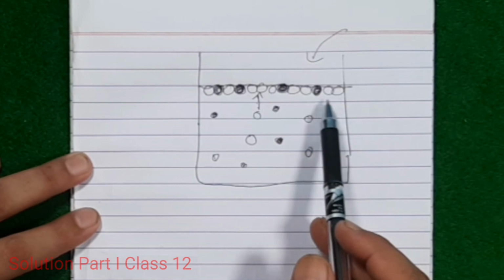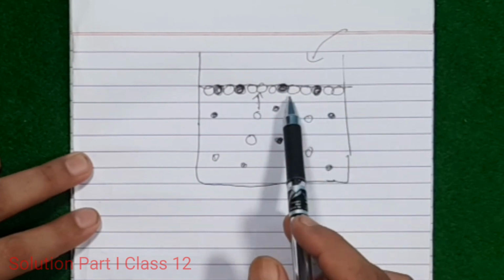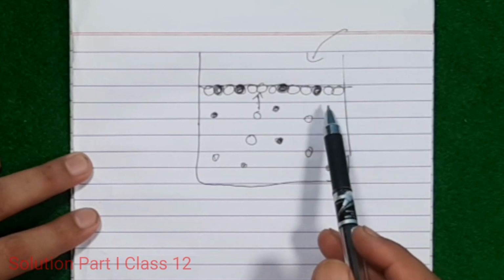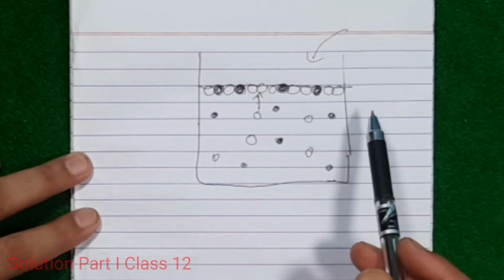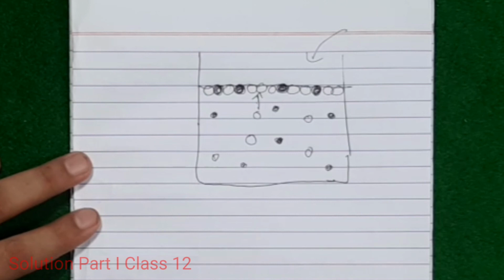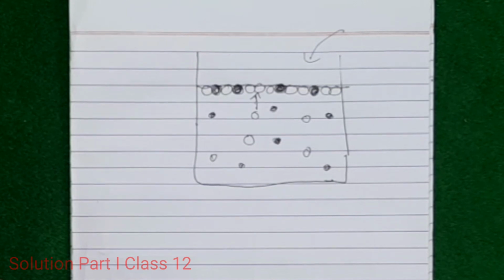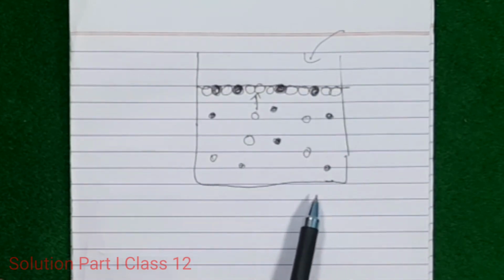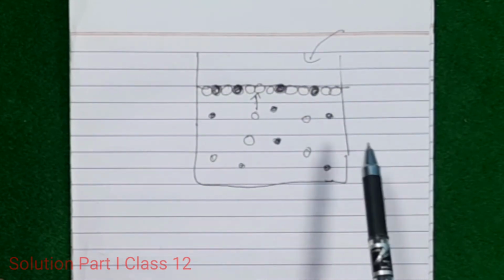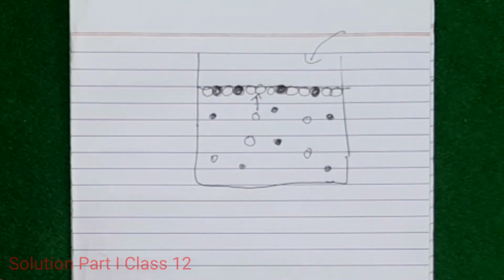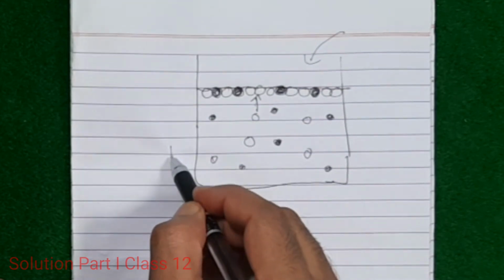So now let's say you don't have 100 molecules to evaporate, you have maybe 80 molecules. So when you have fewer molecules to evaporate, it naturally forms less vapor. So what happens to a liquid when you add impurities or when you convert that liquid into a solution? Its vapor pressure goes down because now there is less chance for this liquid to form vapor, as the number of molecules on the surface has reduced. Because of that, vapor pressure of a liquid in its solution goes down.